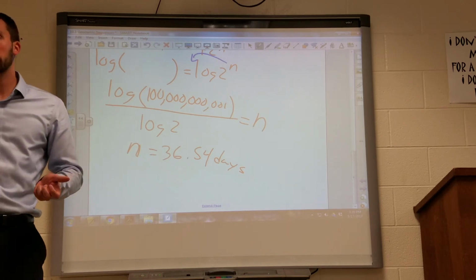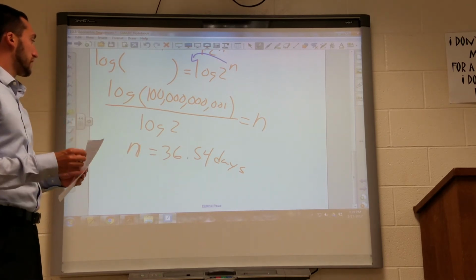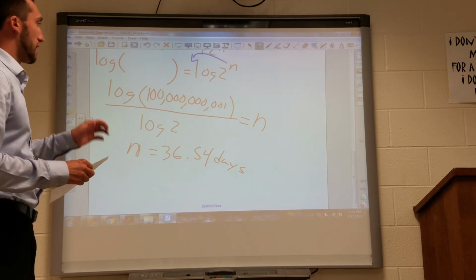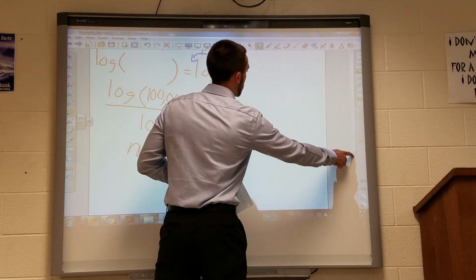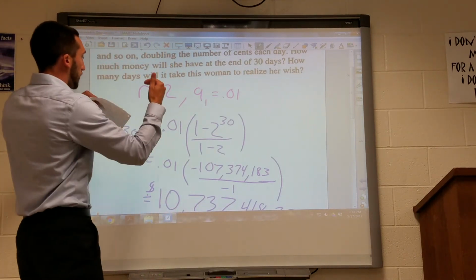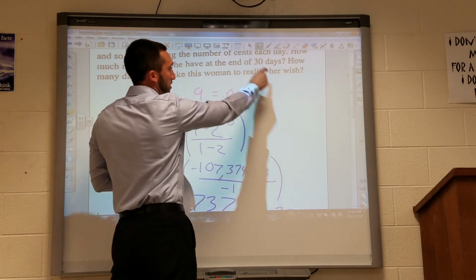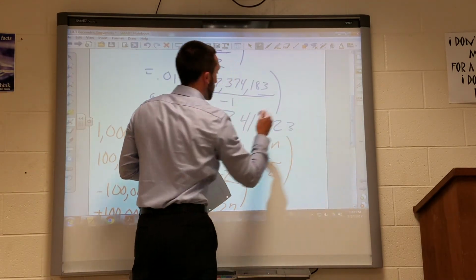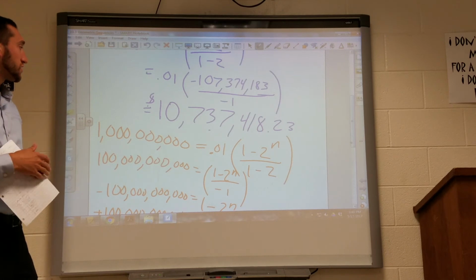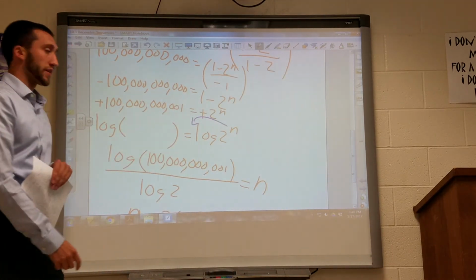Maybe not realistic, but we could solve for how many days it would take her doing that savings scheme. Okay, so just to recap, because that one was quite a long one, we first found the partial sum of 30 days. We found out how much money she would save after 30 days of doubling her savings each day, and then we found how long it would take her to become a billionaire.